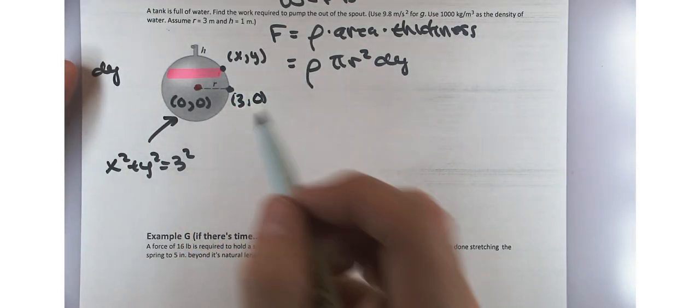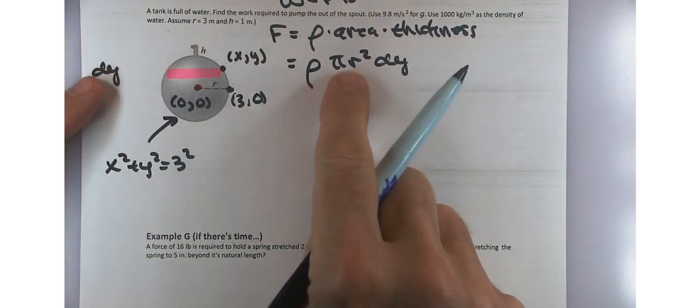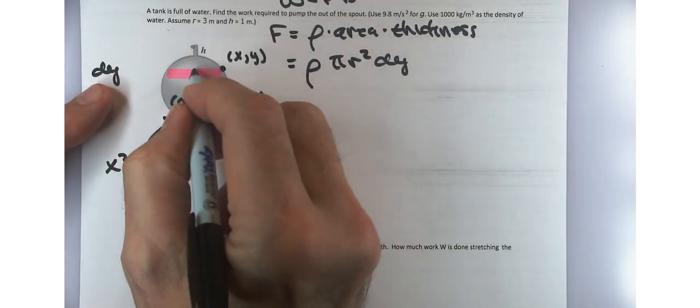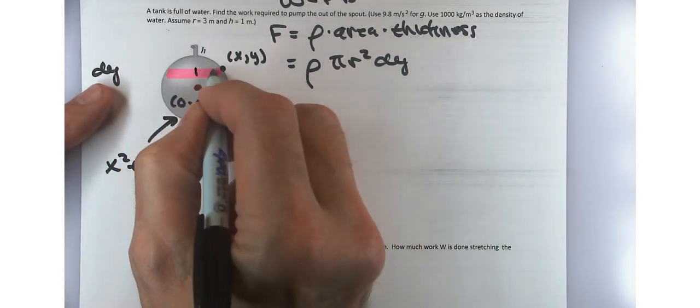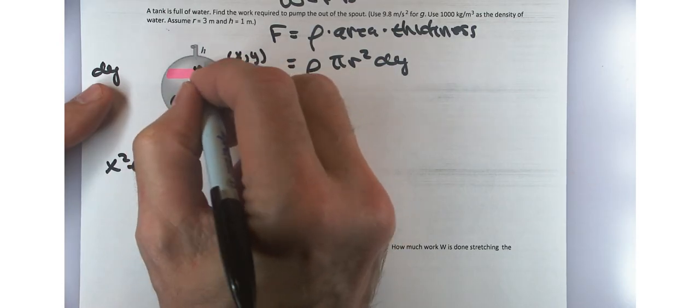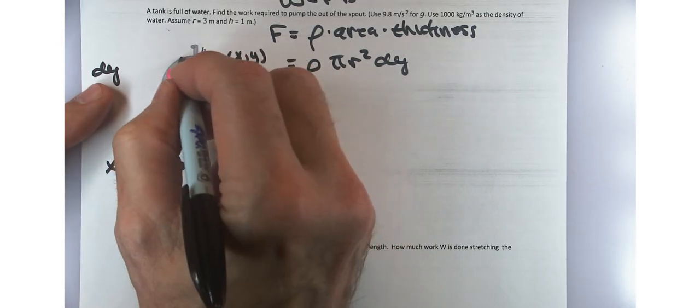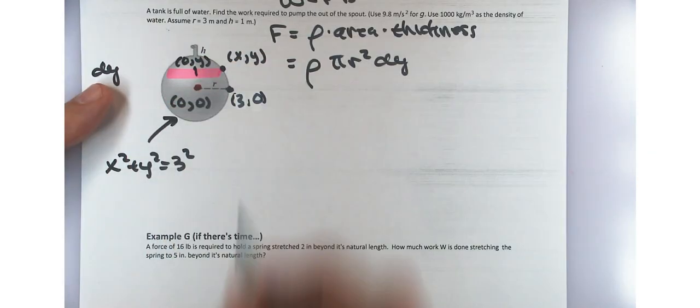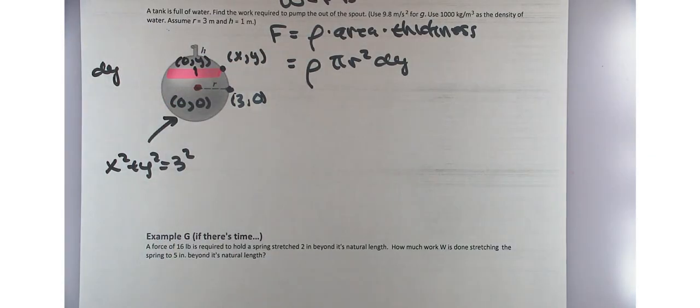So we need to find the area, and for the area, I'm going to need this distance. So that's going to have coordinates of 0 and y.